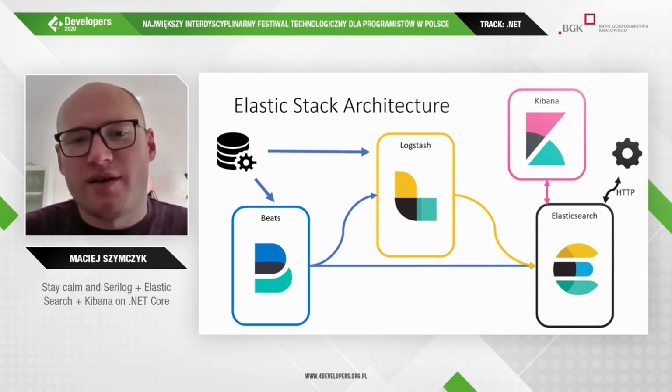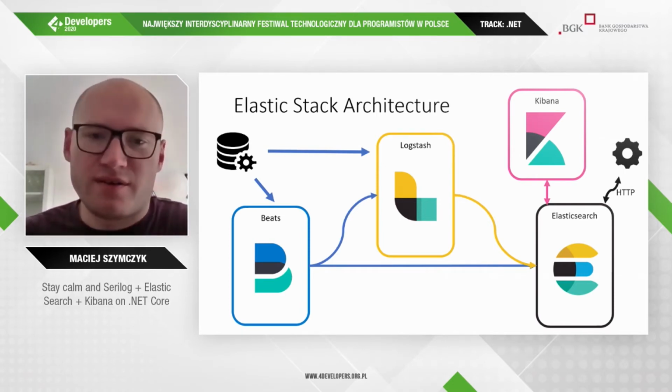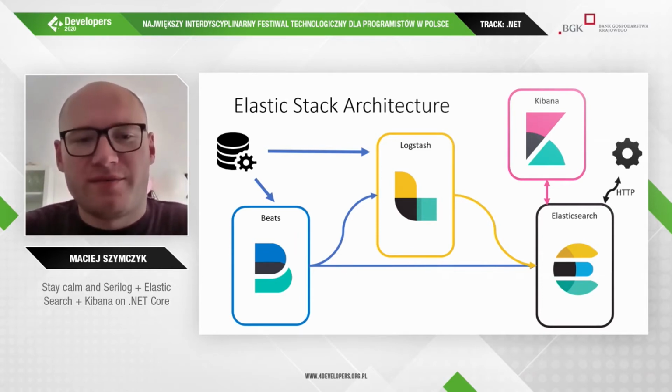Logstash can get logs, transform them, and put them into Elasticsearch. It also has a queue capability, so it can take logs and put them into memory or on disk and wait a little bit if Elasticsearch is overloaded.